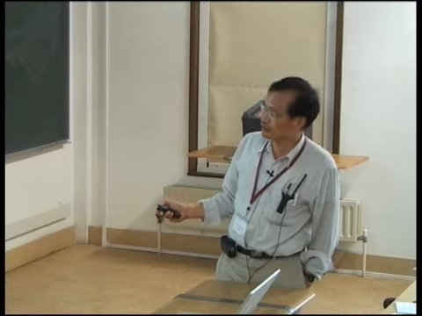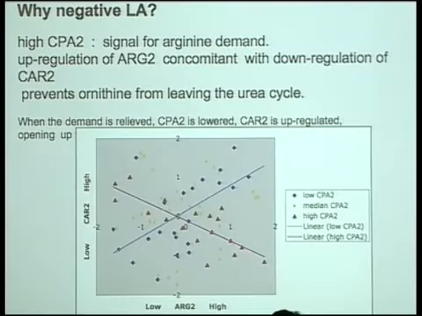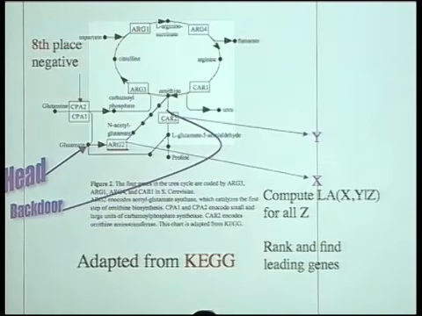Okay, so CPA2 is high. Does that indicate the cell wants to synthesize arginine? And the answer is probably yes, because in order for the arginine to go this way here, we need to have ARG3 to process it. However, ARG2 cannot function well without the other ingredient, which is the carbamoyl phosphate.